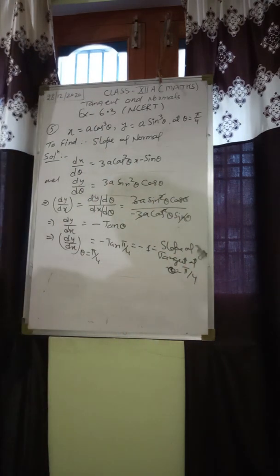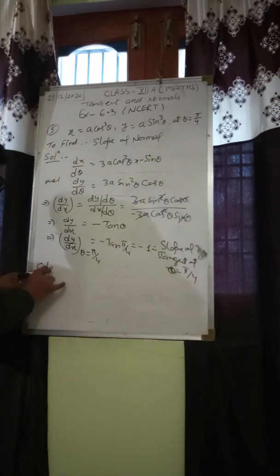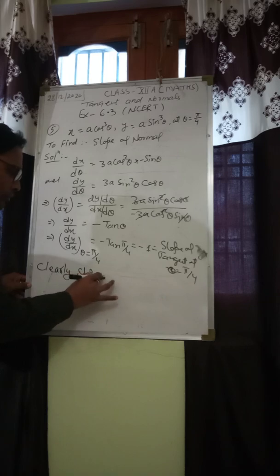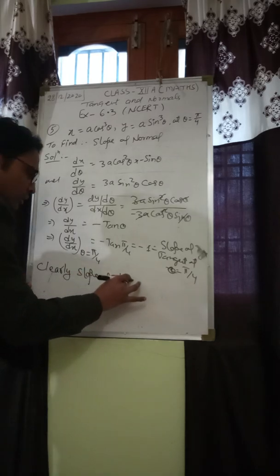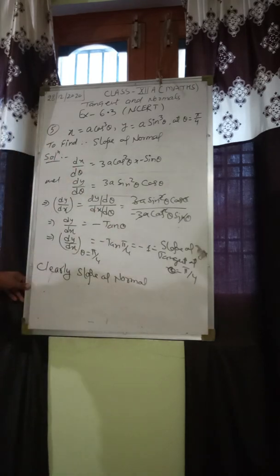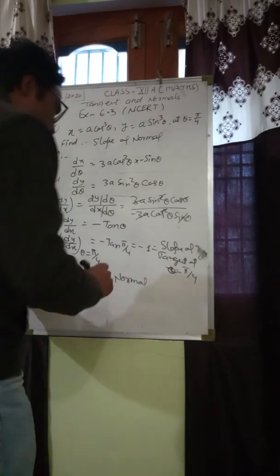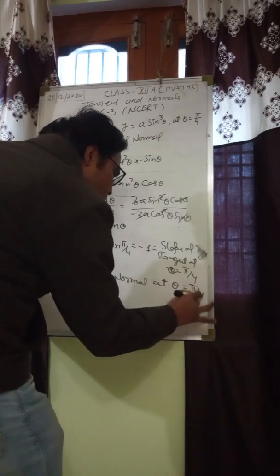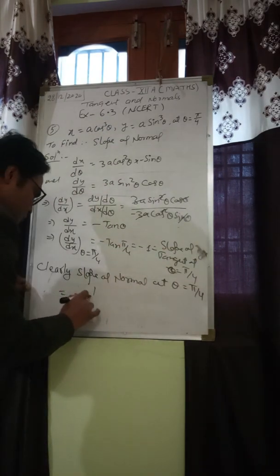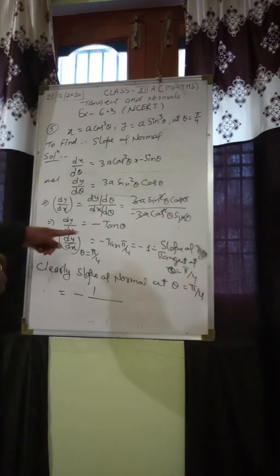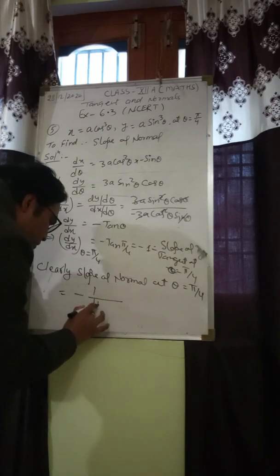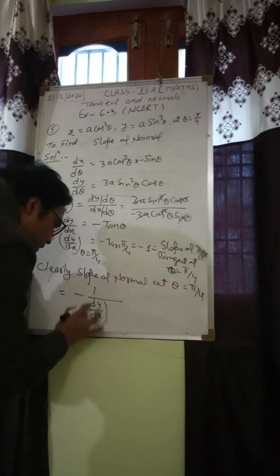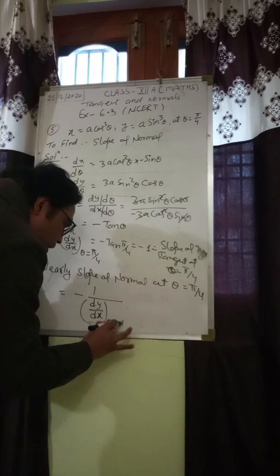Now we want to find out the slope of the normal. Slope of normal at theta is equal to pi by 4 will be given by minus 1 upon slope of the tangent, means dy by dx at theta is equal to pi by 4.